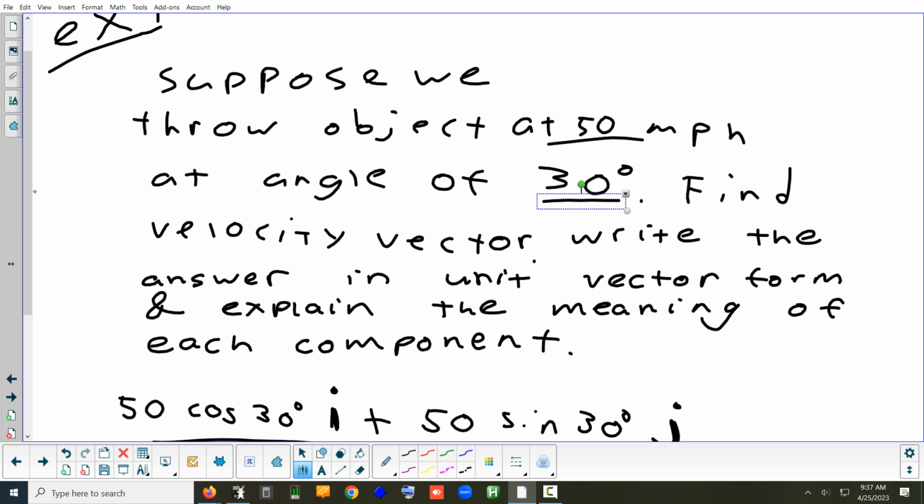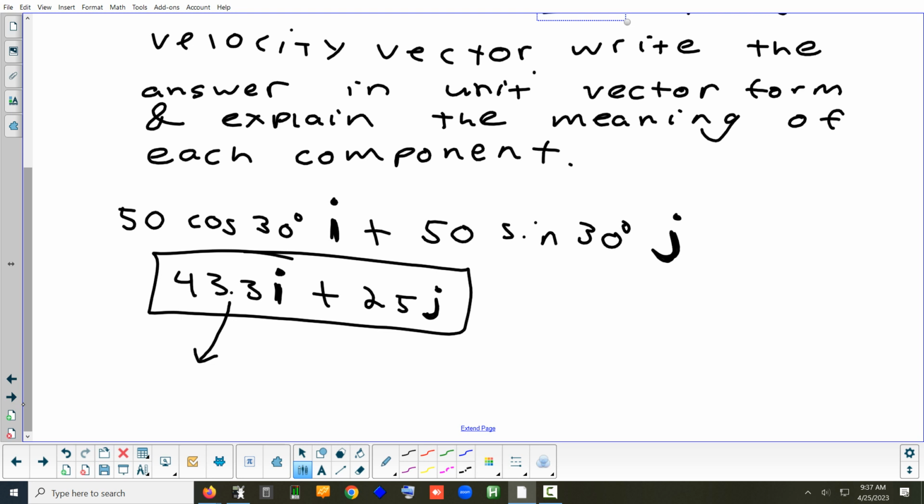Some of the energy went into throwing the ball upward. If the person threw the ball at a 0 degree angle, then all of the energy would be moving that ball horizontally. There'd be no vertical at all. So this is the horizontal speed. And what do you think the 25 is? The vertical speed. So what would that look like?